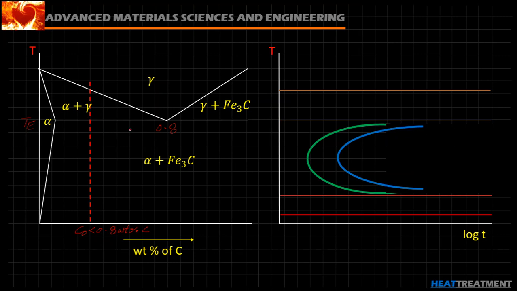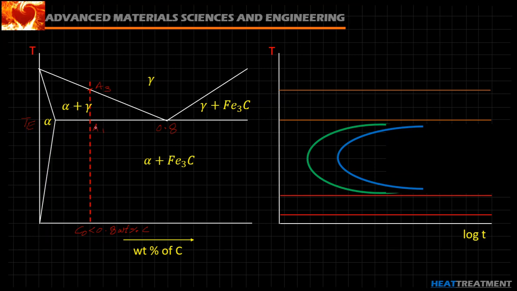Now it may be represented with this eutectoid temperature as A1, and where the gamma starts transforming to alpha. Now this is represented with temperature of A3.